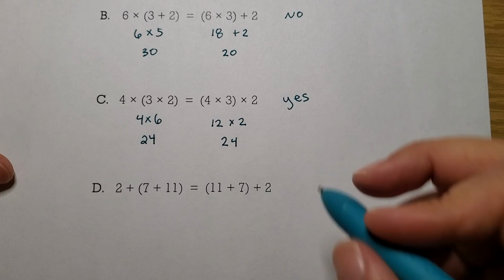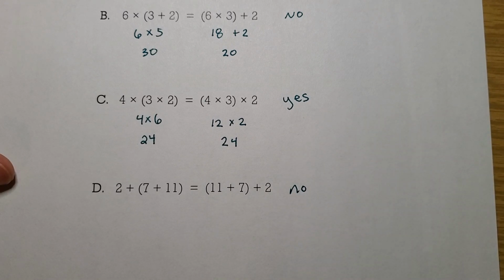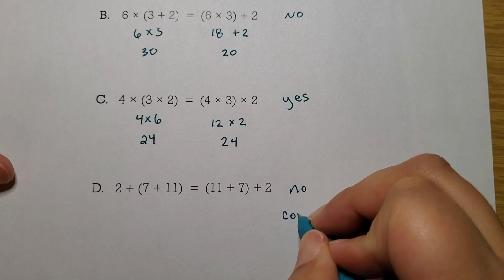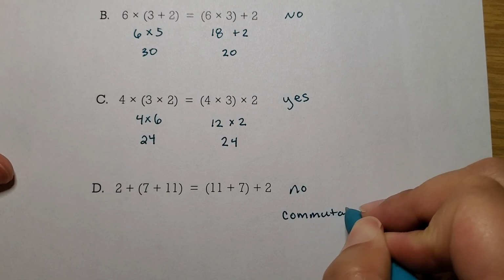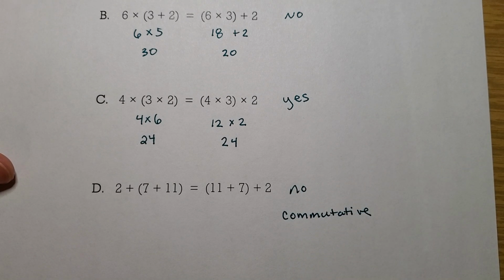So since the groups didn't change, this is not showing associative. Do you remember what we call it when the order changes? This is demonstrating the commutative property. So the groups have remained the same, so it's not associative, but the order of the numbers within the group, as well as the addition on the outside, has changed.